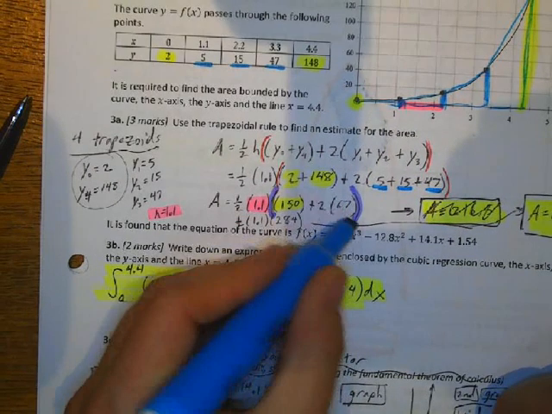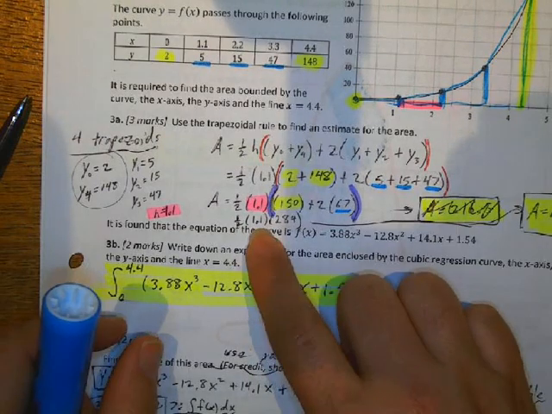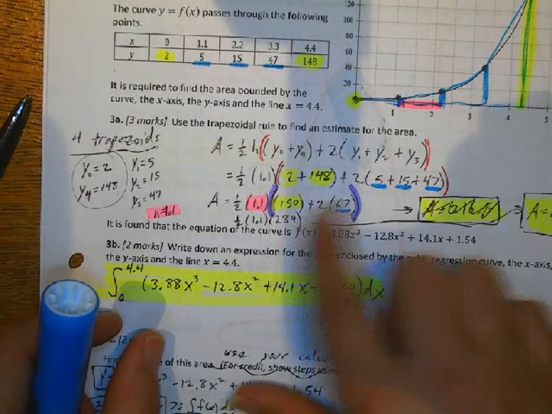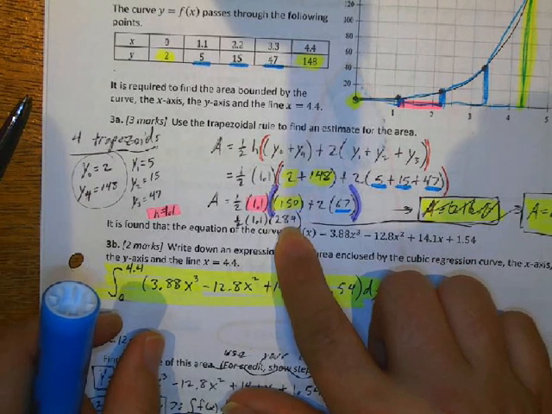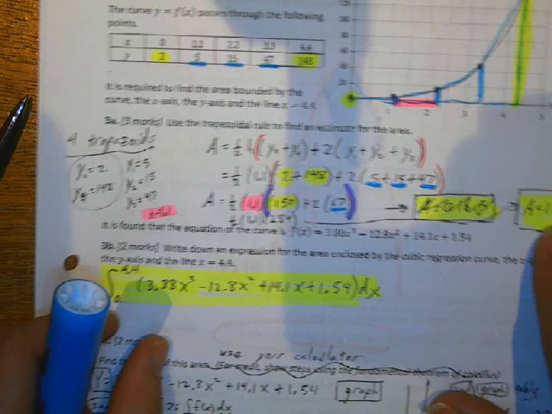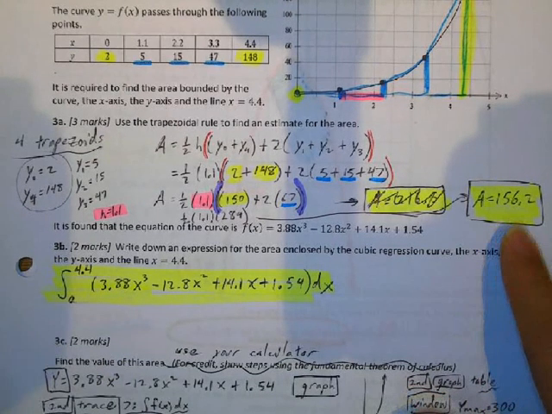And so 1/2 times 1.1 times the 150 plus 2 times 67 gives me 284, and then we get this area here.